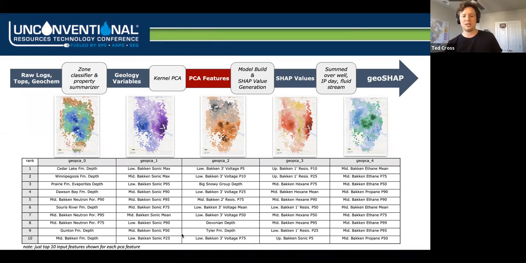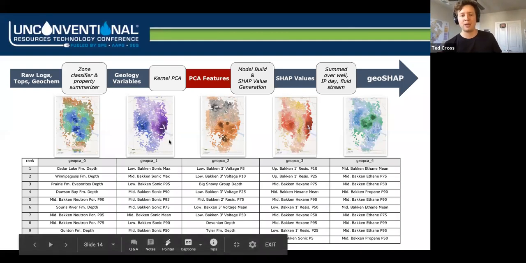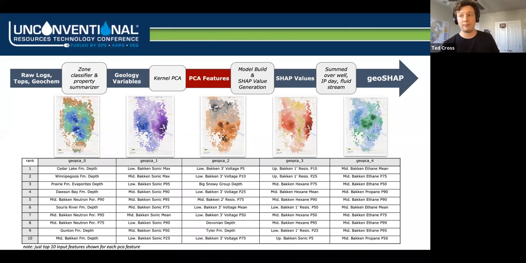GeoPCA 1 has a lot of sonic measurements in it, and it's very high, or actually probably low, but very low over there in the eastern part of the basin, and along our little piece of the red there along the Nesson anticline. I know from my previous work in the basin that those are highly overpressured parts of the basin, and they're also extremely high producing areas.